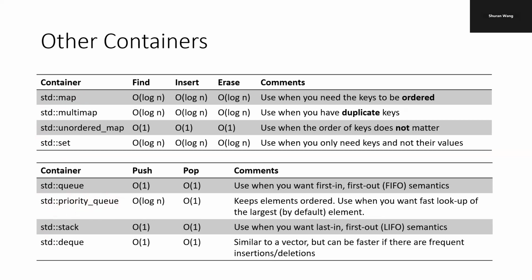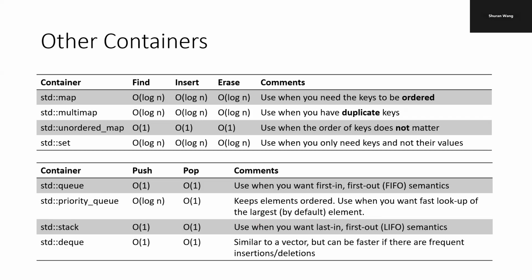Priority queue is a heap. So a heap is still a binary tree, but instead of the binary search tree where you have the middle one as the root, the root of a heap is always either the largest by default or the smallest element. So when you push it, it's going to be O(log n) because you need to traverse through the tree, but when you pop it, you will always pop the root. And the root is either the largest or the smallest.